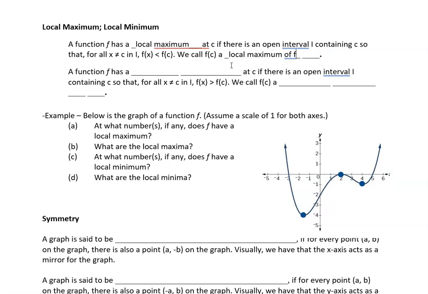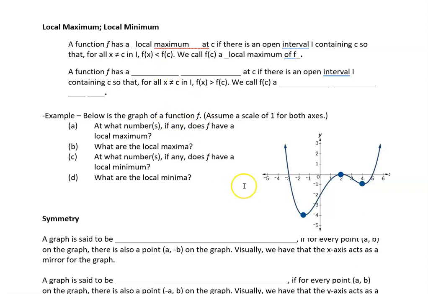Now, again, that probably sounded like a lot of gibberish to you because formal definitions can be hard to work with. However, what I want you to see from this is that if we choose a c value in this interval so that it has the highest output of any other x value in that interval, then what we have is a local maximum.